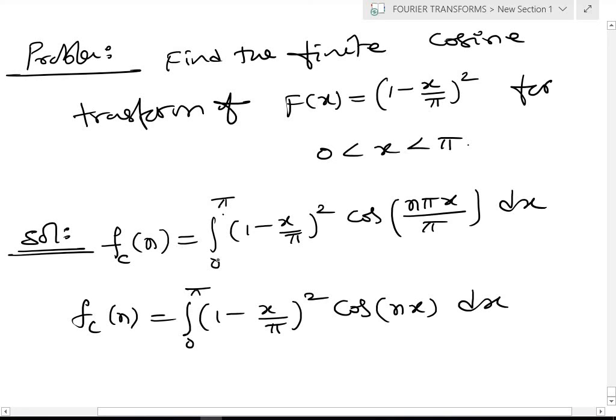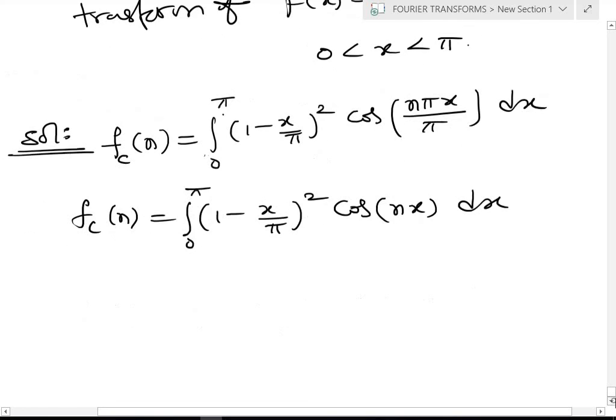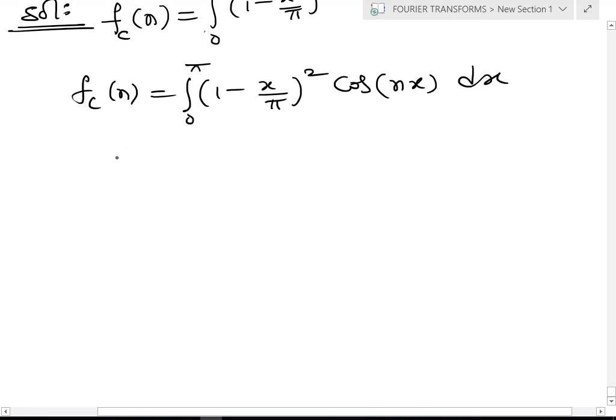Yeah. Now we can solve this. We have only cos of nx. Yes, we follow integration by parts.